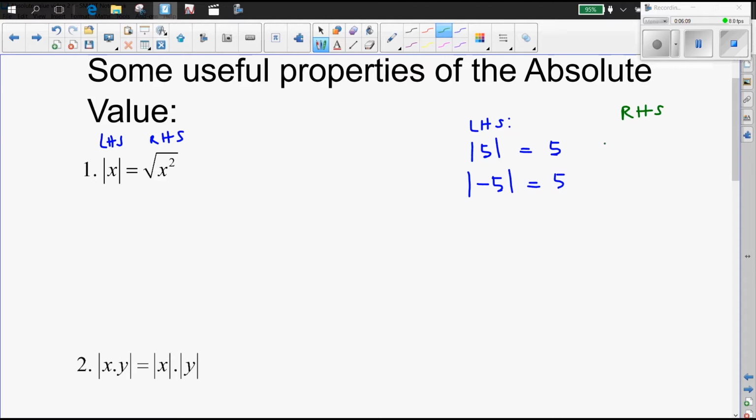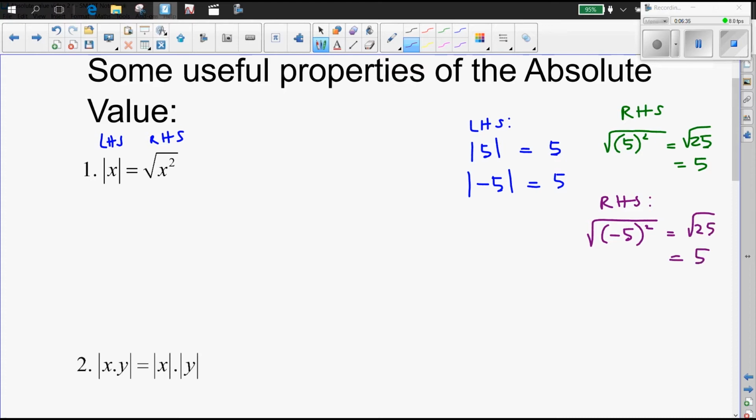So if x is 5, the square root of x squared will be the square root of 5 squared, which is the square root of 25, which is 5. And if x equals negative 5, then the right-hand side will be the square root of negative 5 squared, which is still the square root of 25, which is 5. So therefore, the absolute value of x equals the square root of x squared.